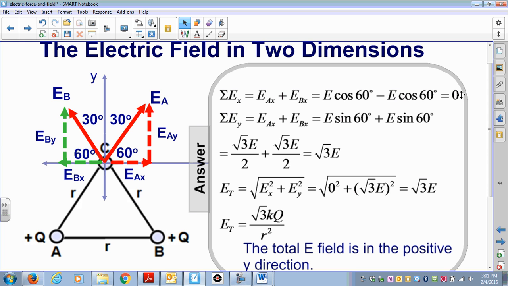Okay, now if you look at the y direction, we have this component and this component right here. This one is going to be E sine of 60. This is also going to be E sine of 60, and they're going to add together to give us 2E sine of 60, which we end up with as the square root of 3 E.